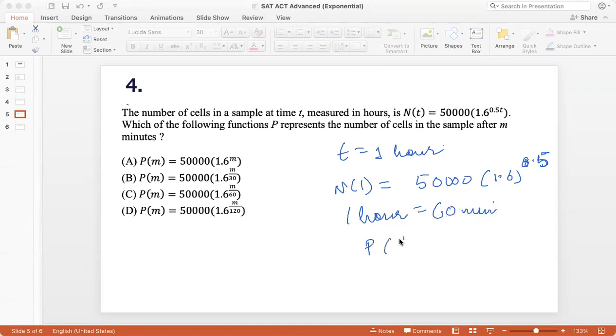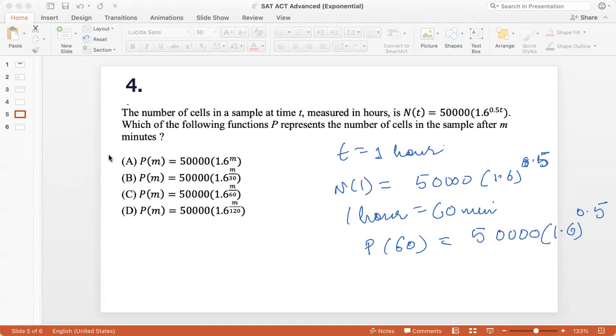So N(60) should also be 50,000 × 1.6^0.5, because it doesn't matter what unit of time I measure, the number of cells after that much time, whether it's written as 1 hour or 60 minutes, should be the same, right?